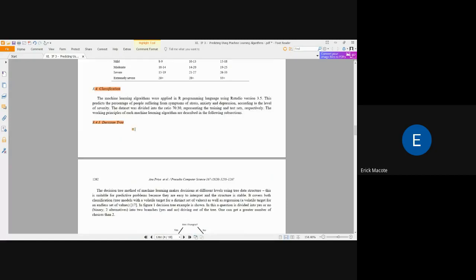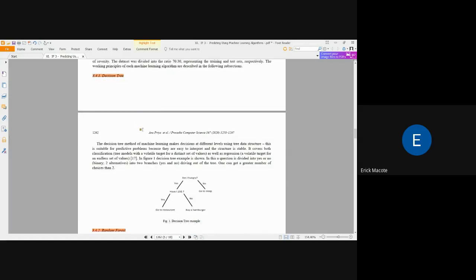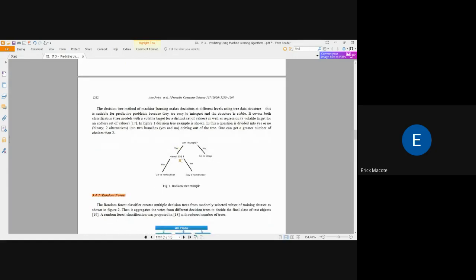Regarding the machine learning algorithms applied in this study, we can mention 5 methods which predict the percentage of people suffering from symptoms of stress, anxiety, and depression according to the level of severity, such as decision trees, which are very useful to predict problems because they are so easy to interpret.